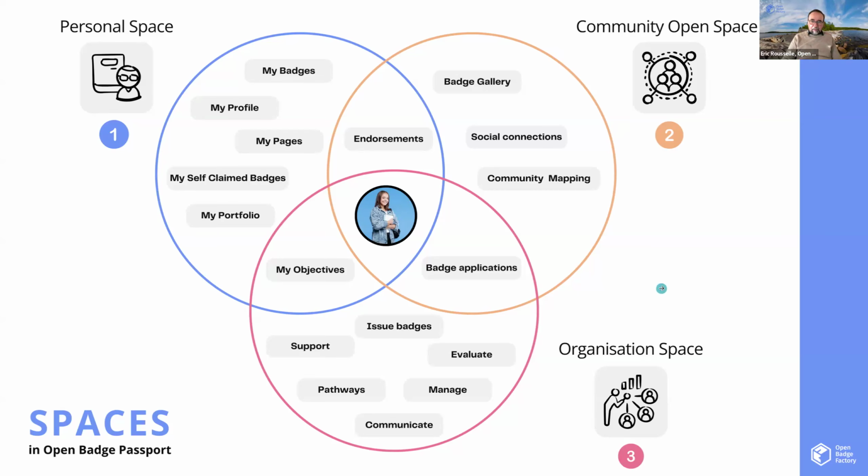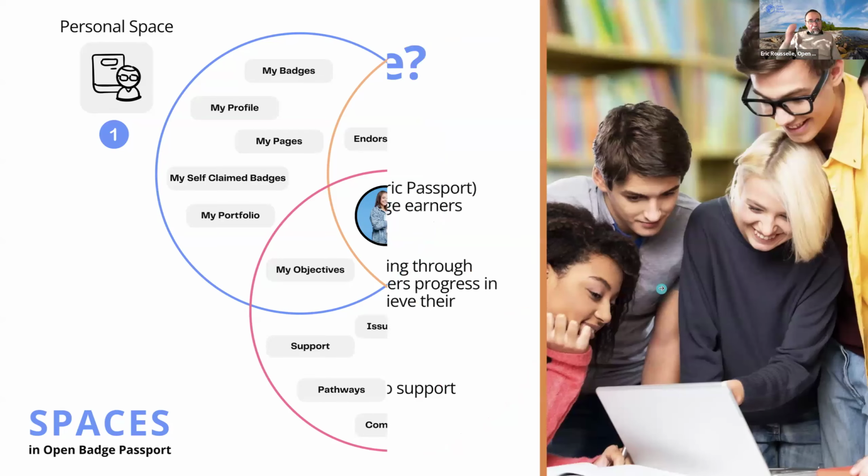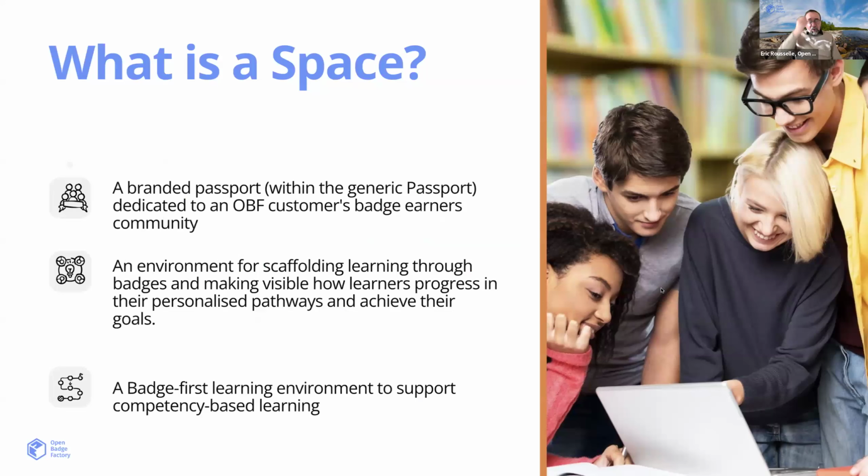Okay, so we go to the first definition of what is a space. The first step was that the space is a branded passport inside the generic passport, dedicated to some OBF customers' badge earner community.